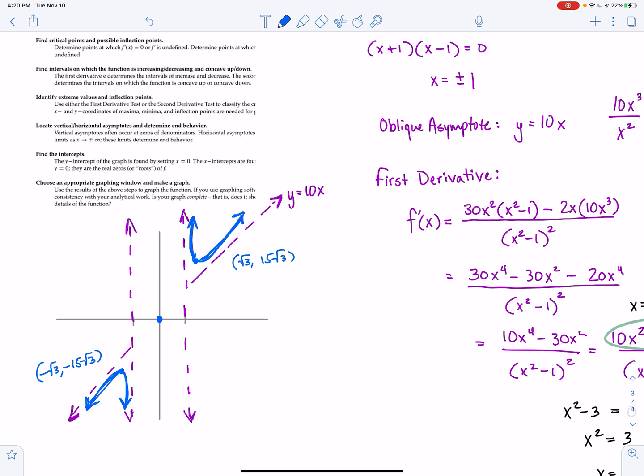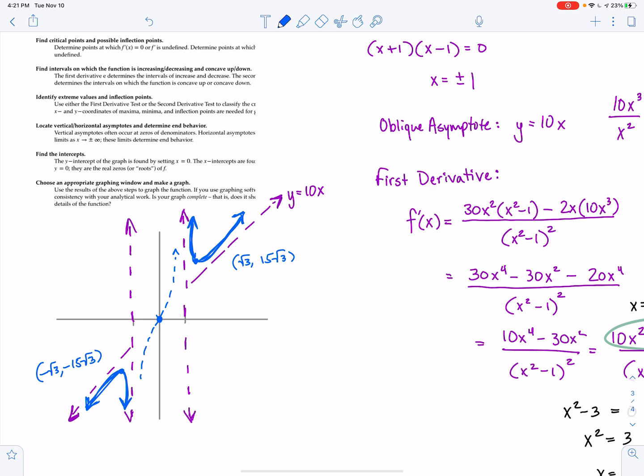So either our graph is taking this shape, or, and we'll erase that because we don't know yet, or our graph, this center region, is taking this shape.